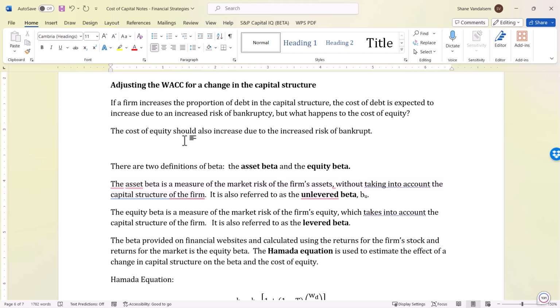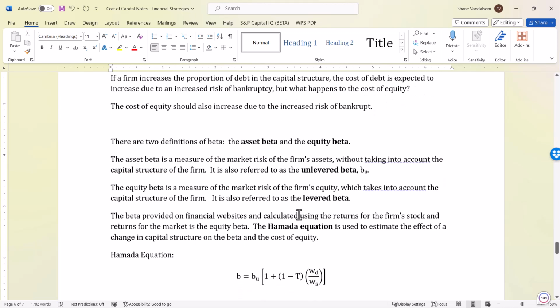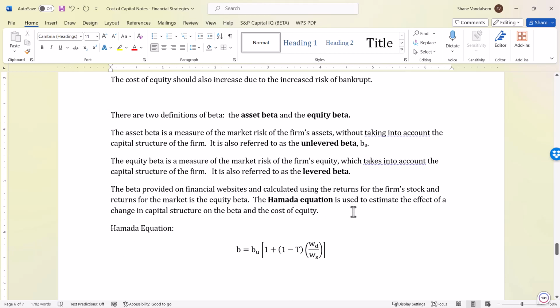The beta provided on financial websites and calculated using the returns for the firm's stock and the market returns is the equity beta, or the levered beta. The Hamada equation is used to estimate the effect of a change in capital structure on the beta and the cost of equity.